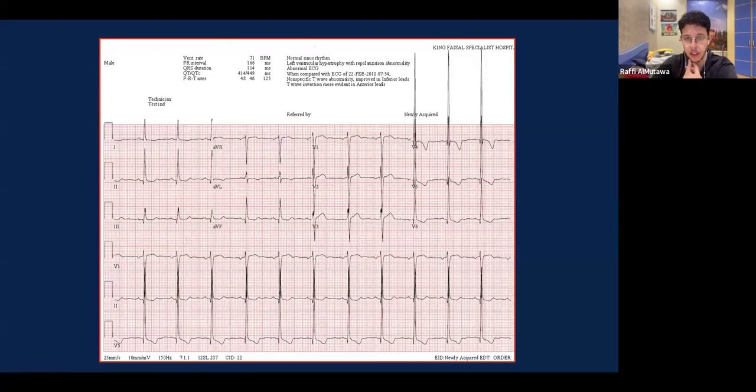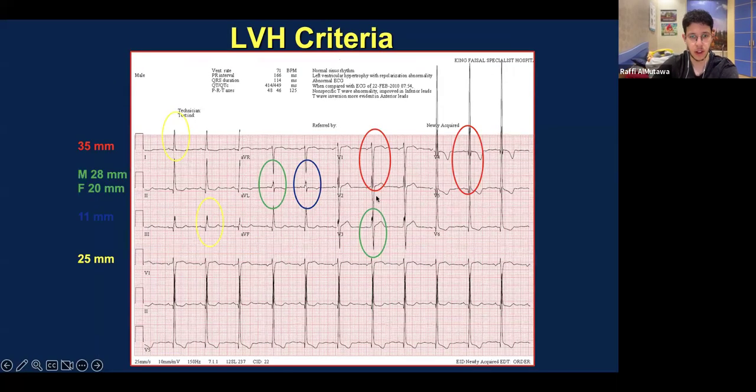Over here, what do you guys see? Okay, why do we say that this is left ventricular hypertrophy? Okay, so let me explain. First of all, oh wait, it's all done for me.